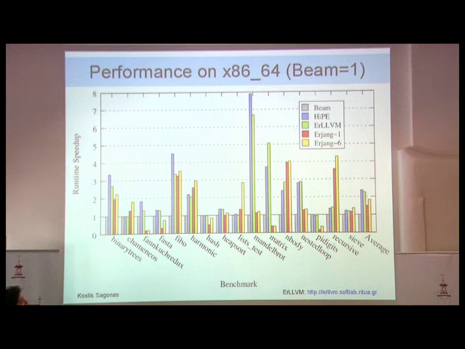What I write there as Erlang 1, which is the red bar, and what is shown as Erlang 6, which is the yellow bar. Now, what is Erlang 1 and what is Erlang 6? Erlang compiles to Java, to the JVM, and then uses its just-in-time compiler.